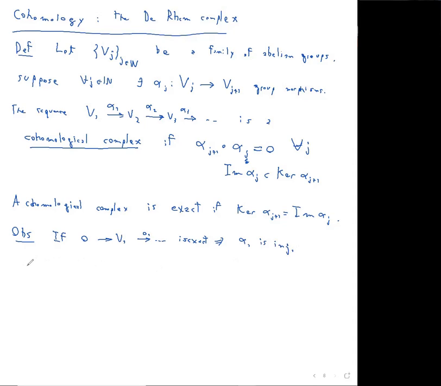And vice versa, I mean, not really vice versa, but if they're all 0 from some point on, then alpha j0 minus 1 is surjective. So the previous one.